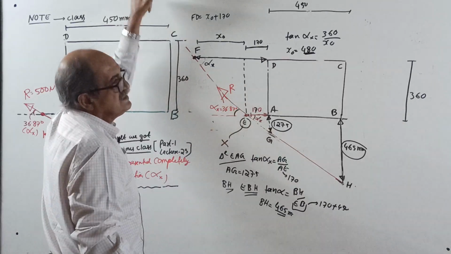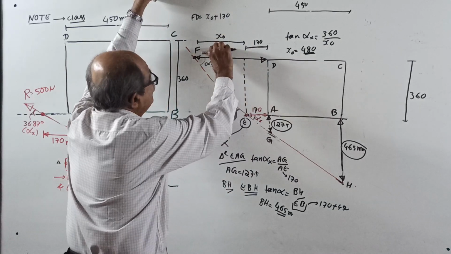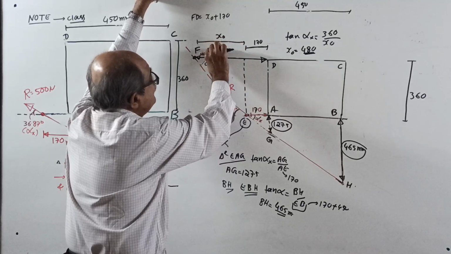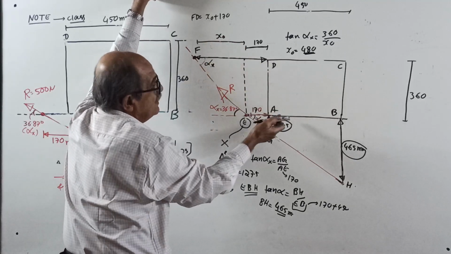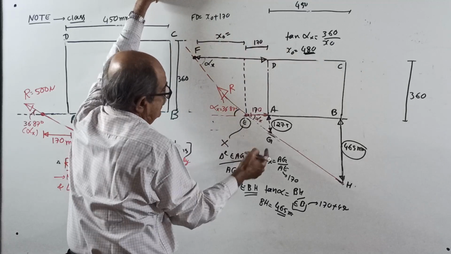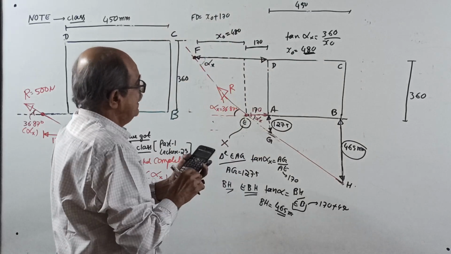Tan 36.87 is less than 1, so this side by this side should be less than 1, so this side should be less than this side. So I suddenly realized something was wrong. x naught I got 480. Correct? Once again check it.